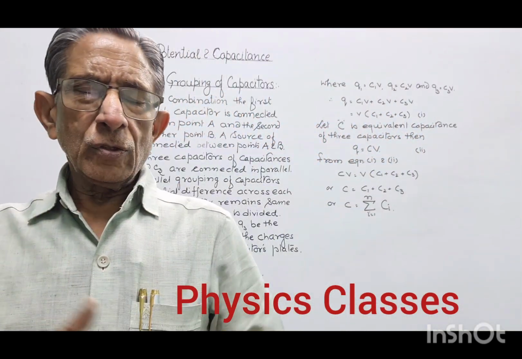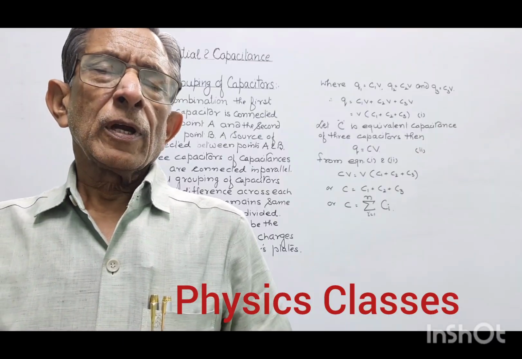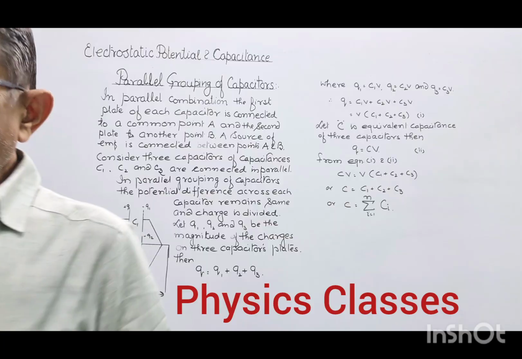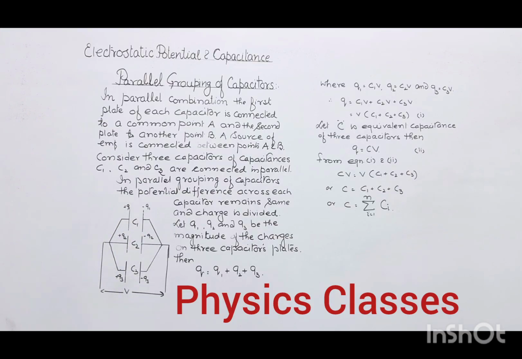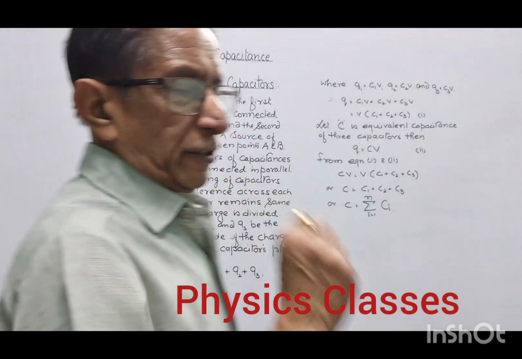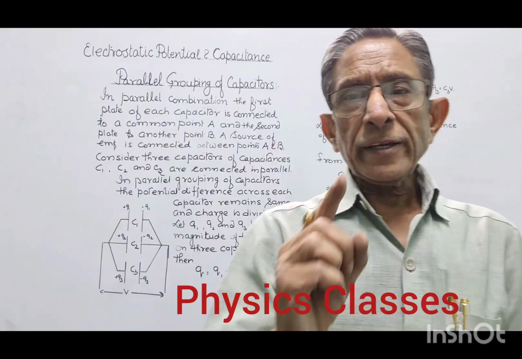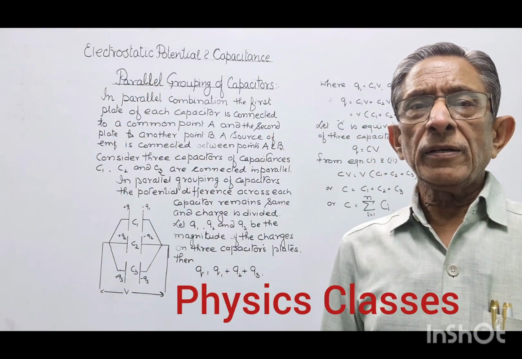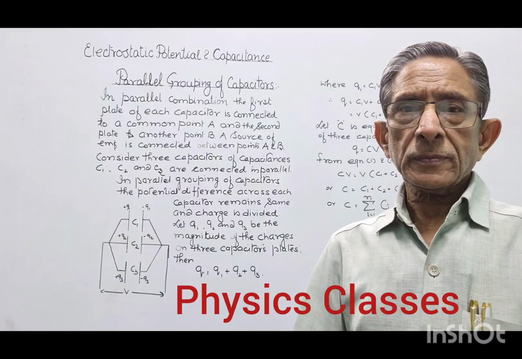I recall to your memory that in series grouping, the second plate of the first capacitor is connected to the first plate of the second capacitor. The second plate of the second capacitor is connected to the first plate of the third capacitor, and so on.